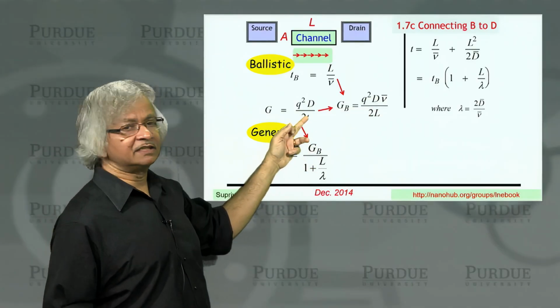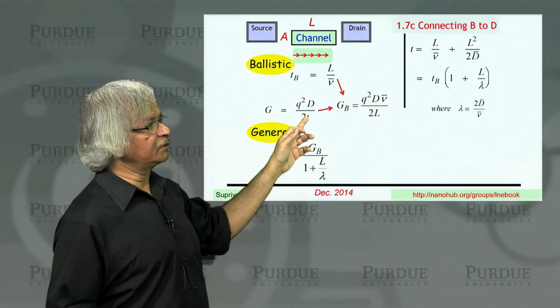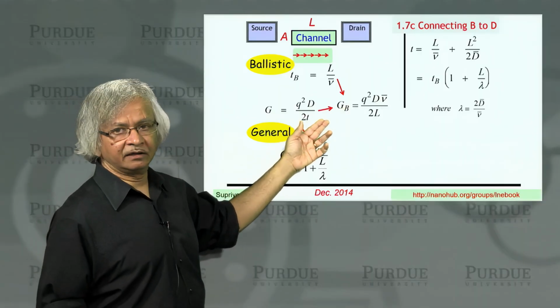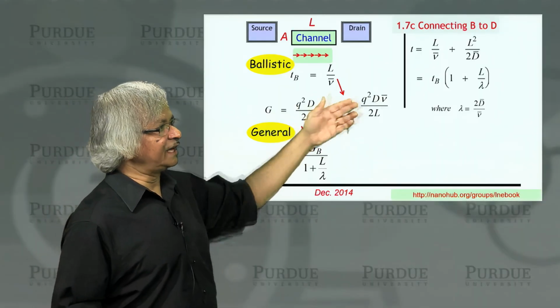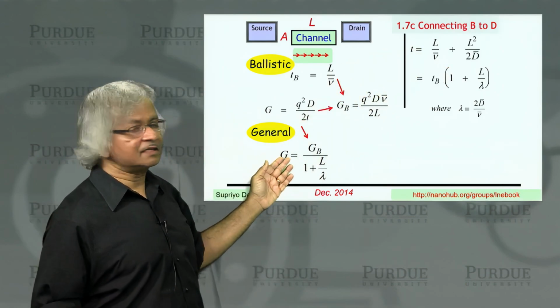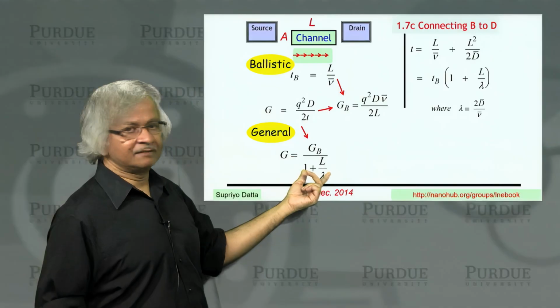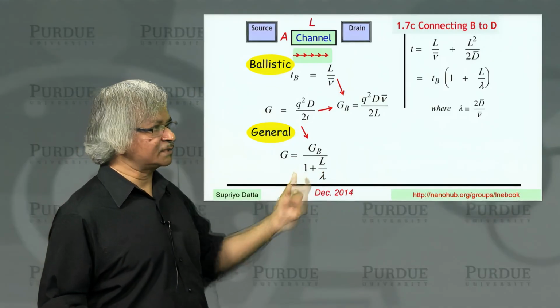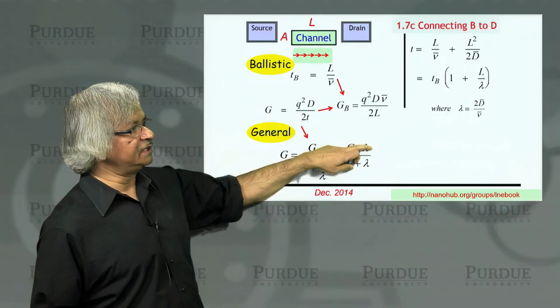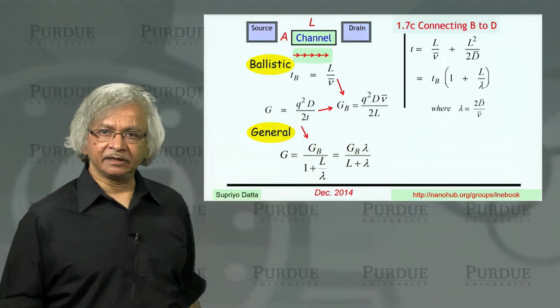Why? Because the T is in the denominator. So when I put a ballistic time there, I got this. Now I'll put something a little bigger. I'll put the ballistic time times that factor. So when I put that in, the conductance I'll get will be less by that same factor. So this is the expression you'd get, which you could rearrange to write as GB lambda over L plus lambda.